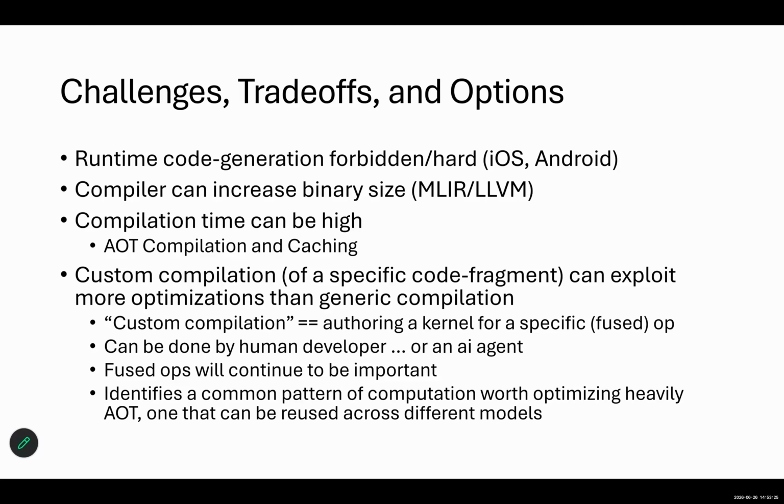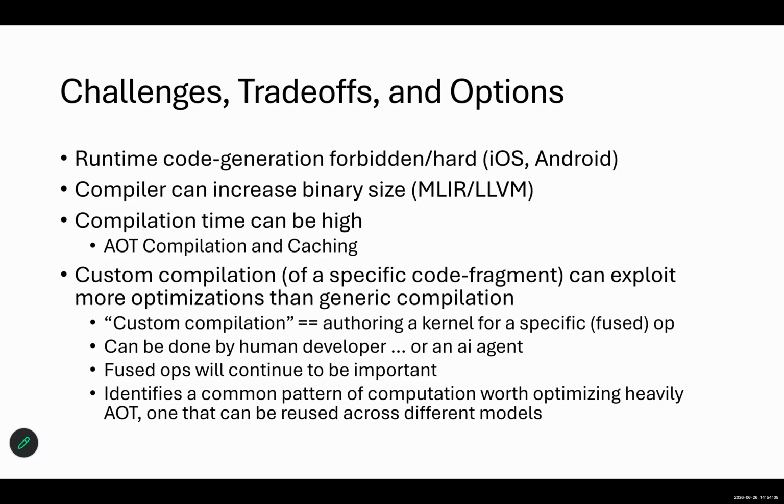general compiler techniques have not always produced the optimal code. Typically, experts have managed to tweak and produce highly efficient kernels, which are better than what compilers can do. And I think this will continue to be true. And in an agentic world, it is likely that an AI agent, which is going to be able to author as well as a very good advanced expert, will be able to write highly efficient kernels.